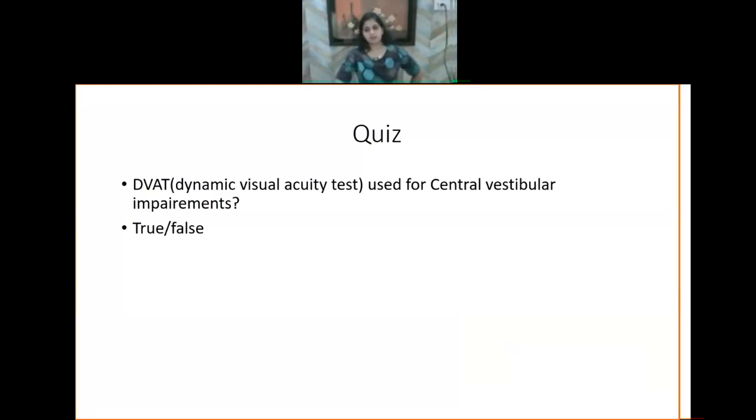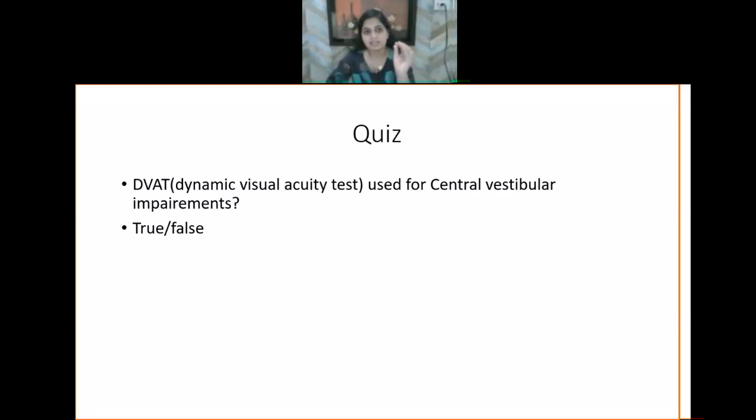Okay. Now a quiz for you, because I don't want to make it very boring. Is the dynamic visual acuity test used for central vestibular impairment? True or false? How many of you are aware of the dynamic visual acuity test and how we can do it?